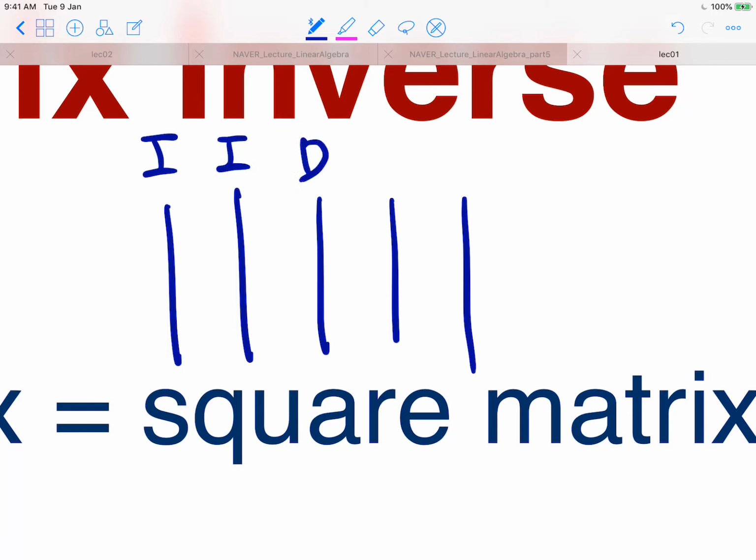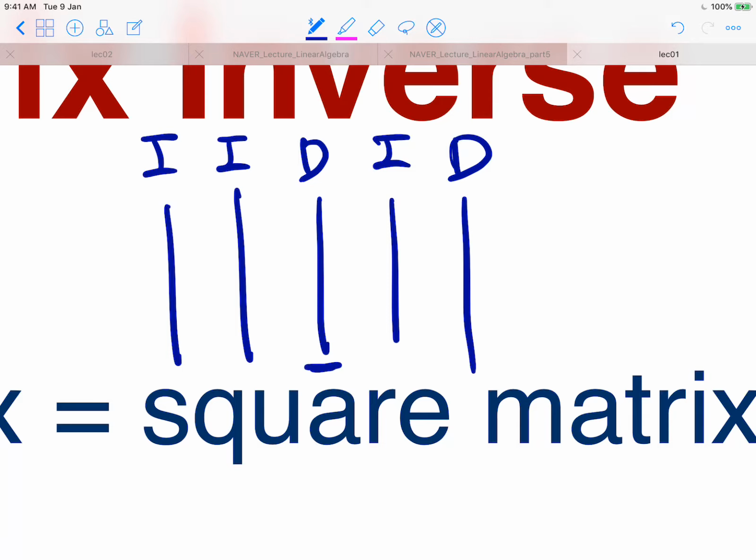And D means the vector is already represented as a linear combination of the previous ones. So I, I, D, I, and maybe D. In this case, what will be our number of bases, or the dimension? It is 3, right? So the actual linearly independent basis vectors will be these 3, right?